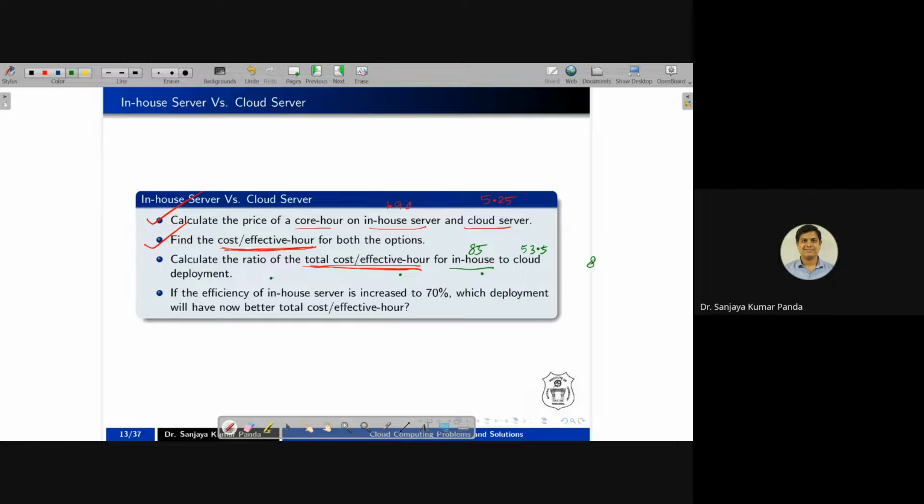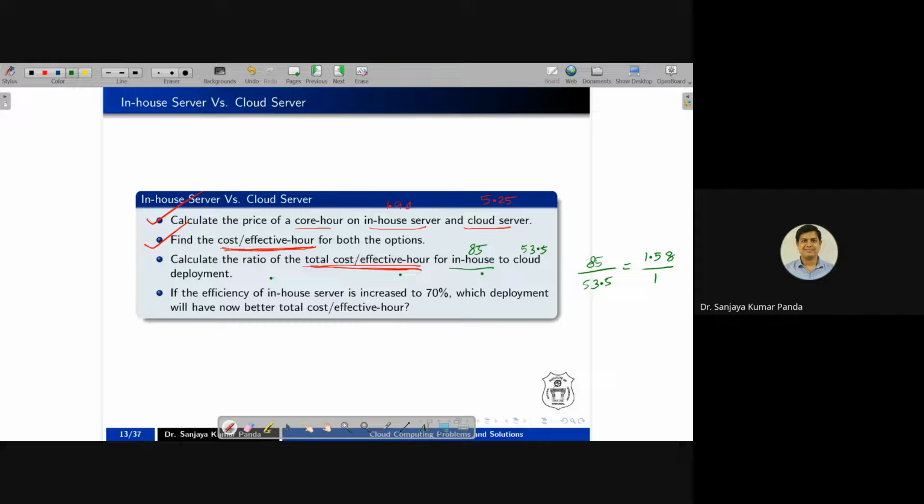So that is 85 divided by 53.5. How much will you get? I think you will get 1.58. Arina sir mentioned 1.58 divided by 1, so it is not a division.